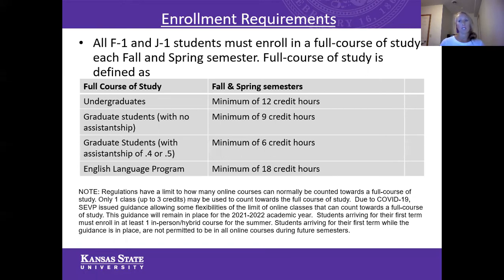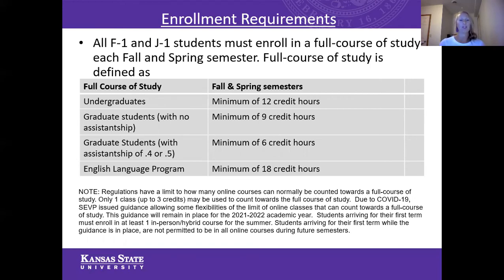Graduate students with no assistantships would be 9. Graduate students that do have assistantship appointments could be in 6. And if you are in the English language program, your full-time enrollment is 18 hours. You'll note at the bottom, we mentioned that there are regulations that limit how many distance courses can count towards this full course load.